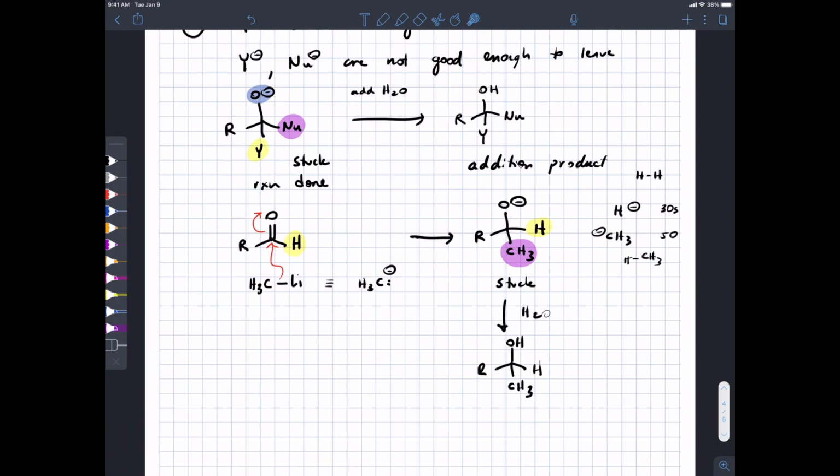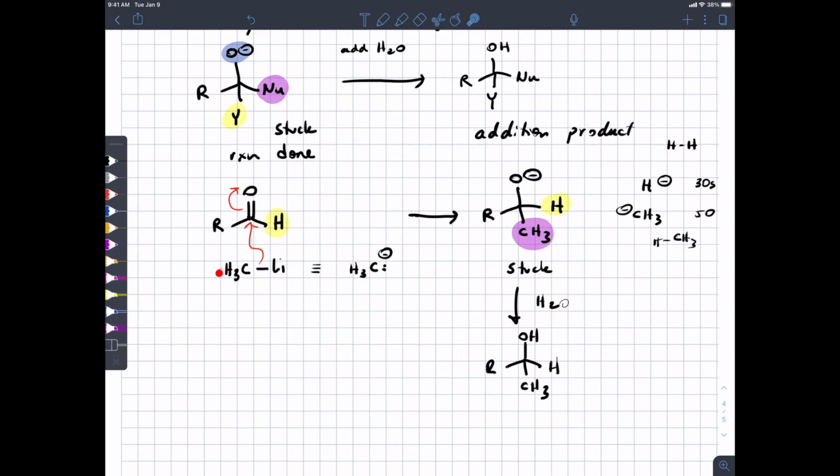Now, at some point in the near future, we're going to show you a reaction where we react an organolithium reagent with an aldehyde. And some of you will be tempted to memorize, almost as though you're repeating a mantra to yourself, organolithium reagents react with aldehydes to give secondary alcohols. But you don't need to do that.